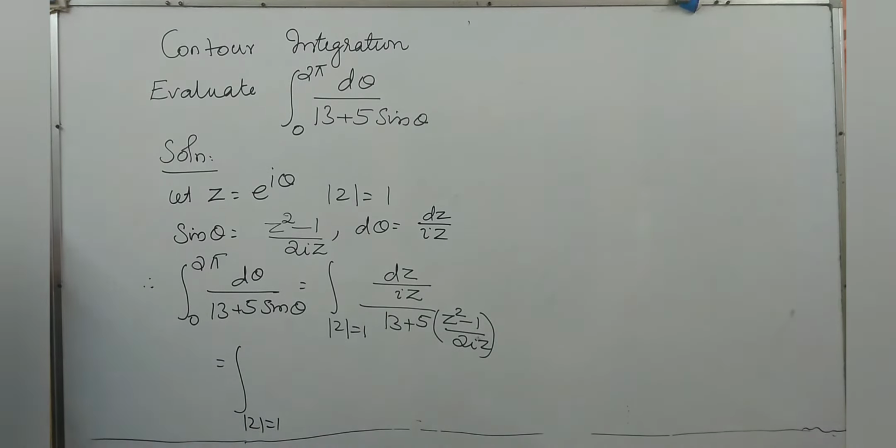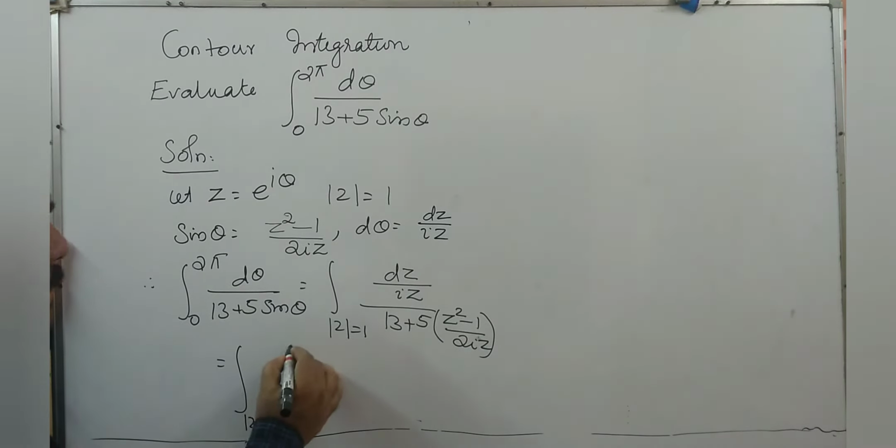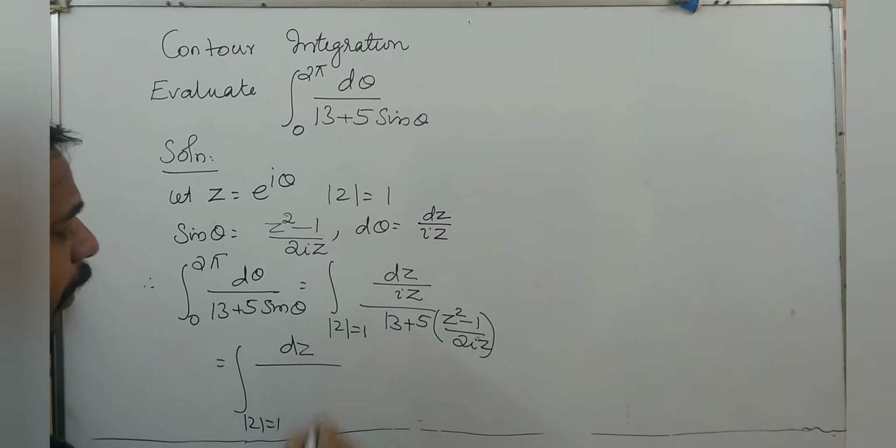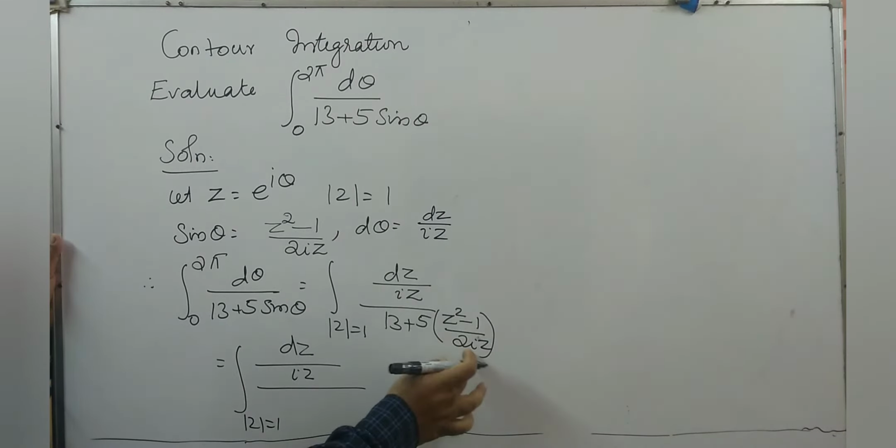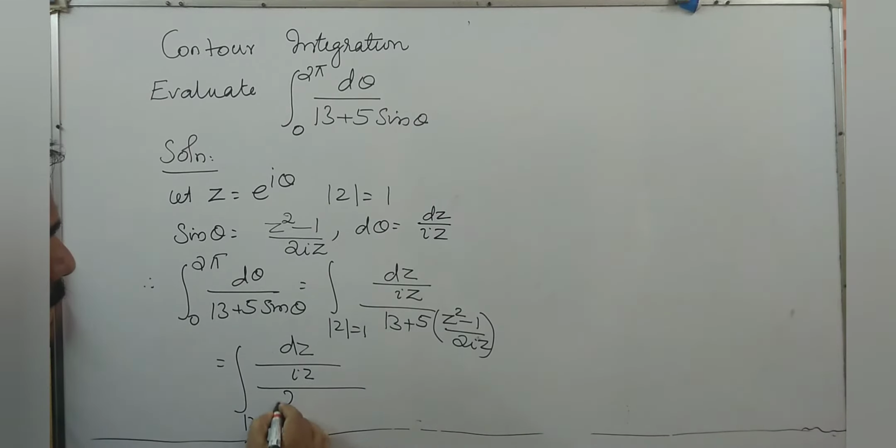That is equal to the integral over mod z equal to 1 of dz, whole divided by, this iz we can take here or keep in the numerator, that is enough. Then multiply, that is 13 into 2i z, which is 26i z.